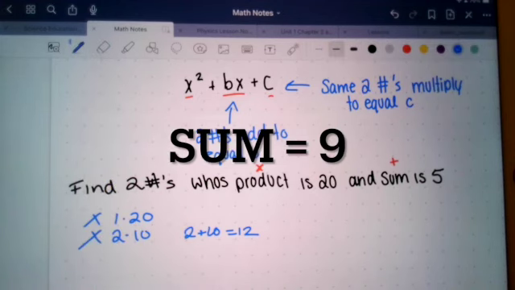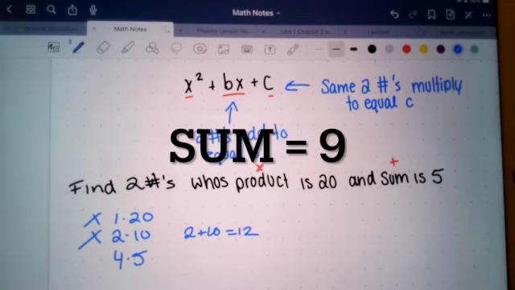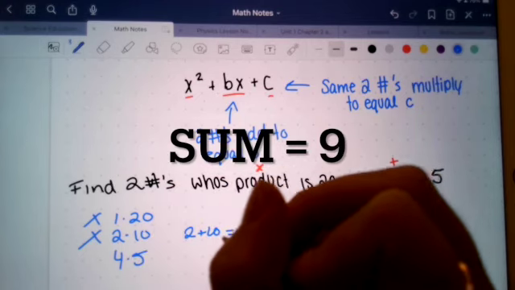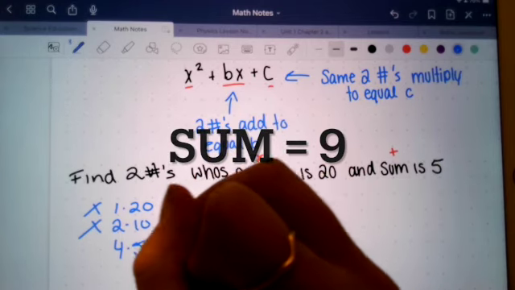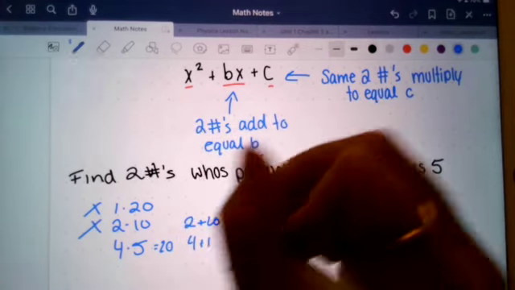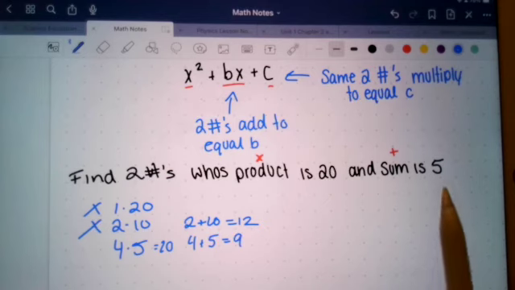I can also do 4 times 5, or -4 and -5. Either way, positive or negative, doesn't matter. And 4 times 5 is equal to 20. And 4 plus 5 is equal to 9.